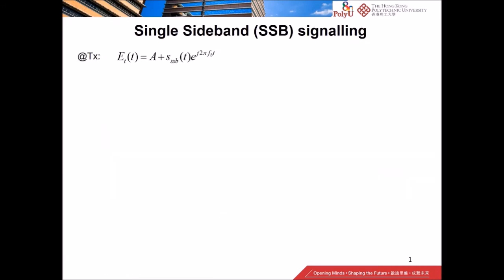All right, now let's look at a single sideband signal in a bit more detail. At the transmitter, the transmitted signal has a DC component and the single sideband signal, which is carried in a certain range in frequency. At the receiver, this transmitted signal has undergone the channel, which primarily has CD among other things.